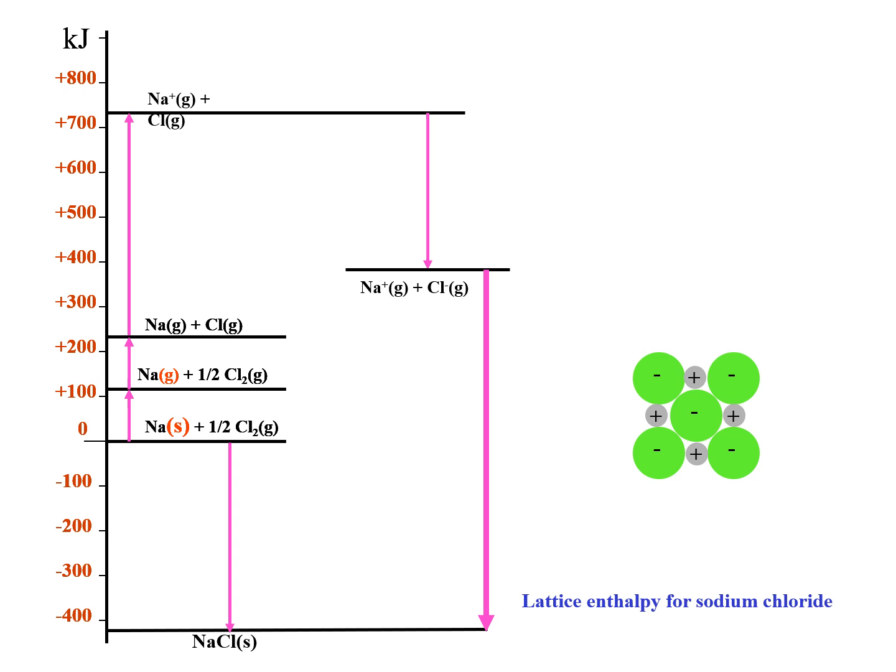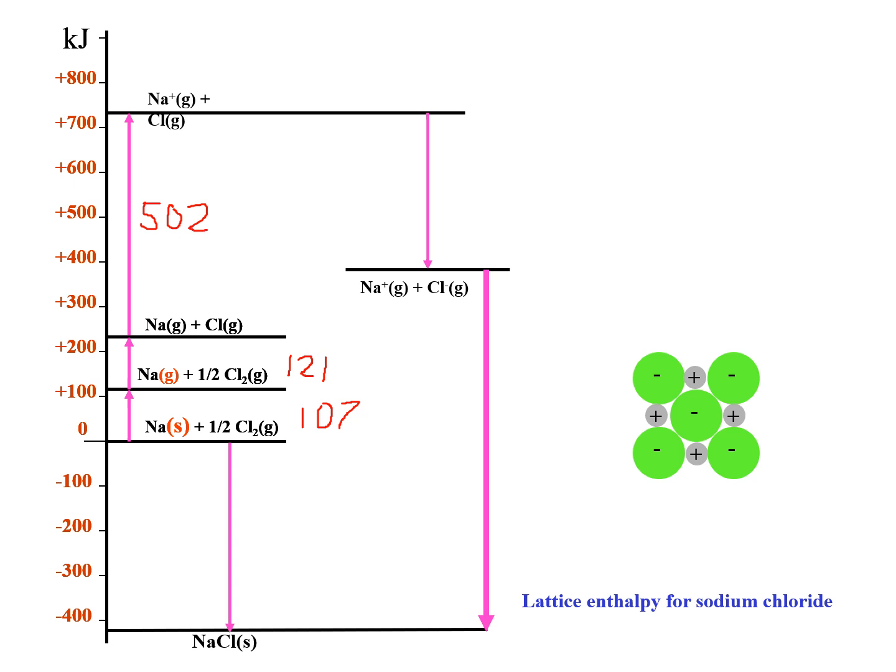So this first arrow was 107. The next arrow was the atomization of the chlorine, which was plus 121. The next arrow was the first ionization energy of the sodium, that was 502.